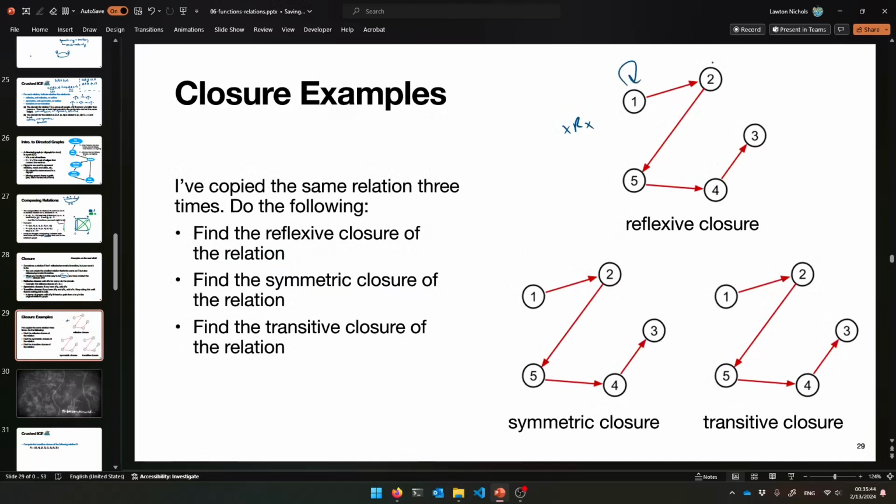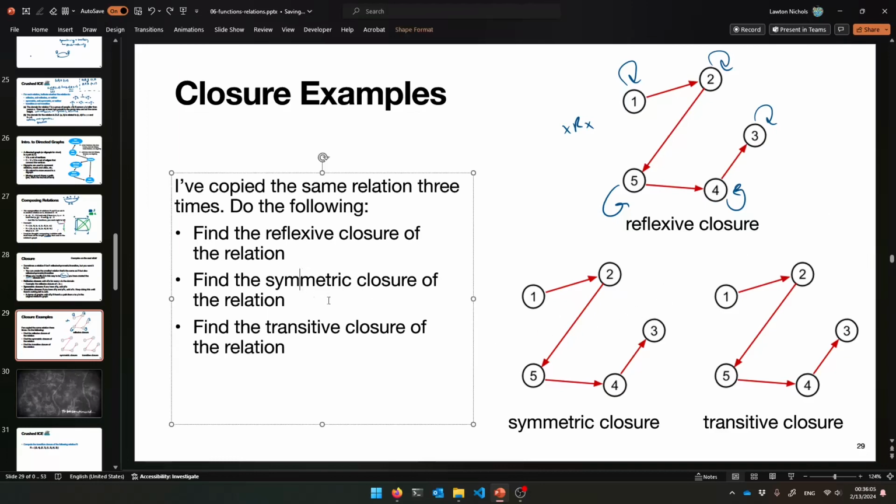I need to add a bunch of self loops to make this relation reflexive. That's the minimum amount of work I need to do, because every element better be related to itself in addition to whatever else is already there. So I have created the smallest new relation that is also reflexive. This is called the reflexive closure.